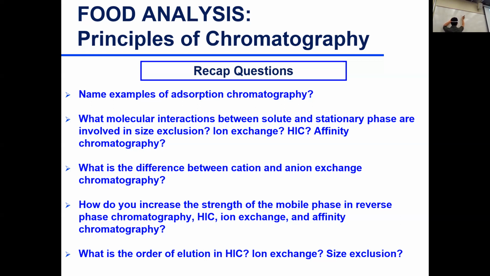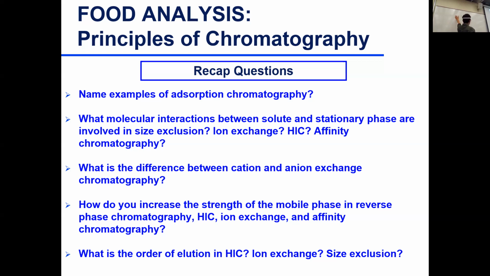I have positive charges on my column, my stationary phase, and I have a negatively charged ion, some carry multiple negative charges, and I'm running, let's say, at pH 6.5.